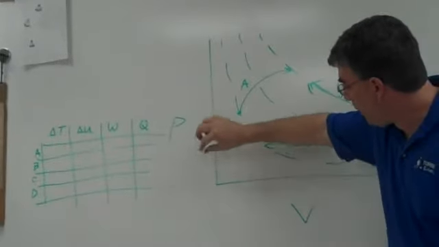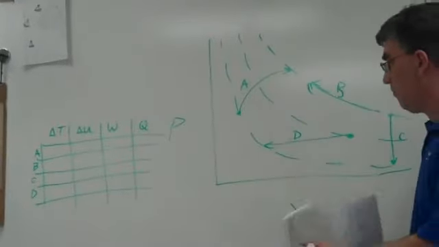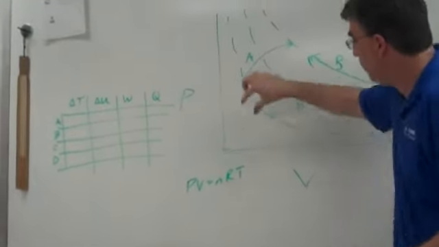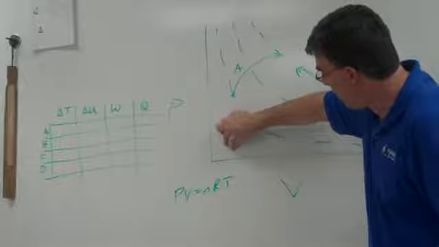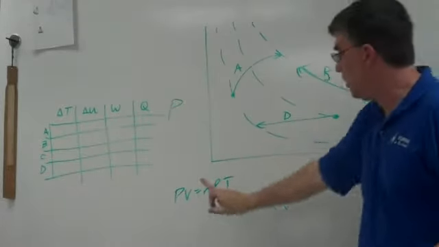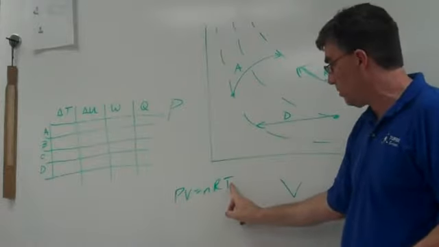If we have a low value of P and V from the equation PV equals nRT, and we go from this part of the PV diagram to this part, anytime we're going this way, our PV is increasing, which means our temperature is increasing.